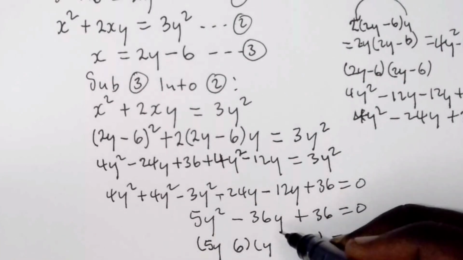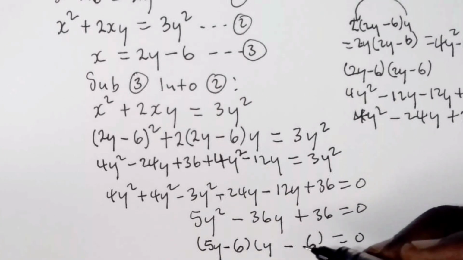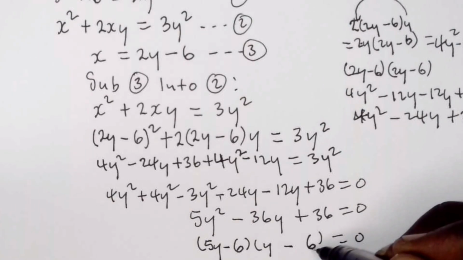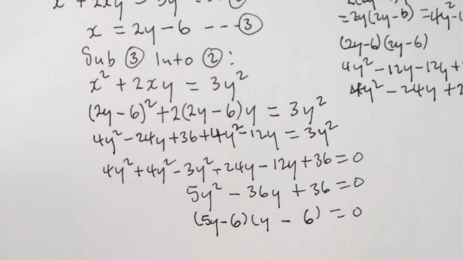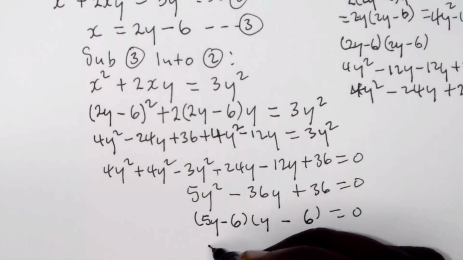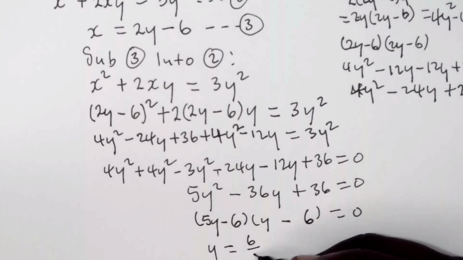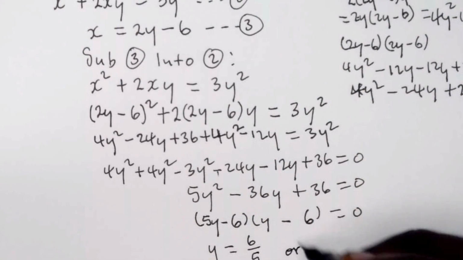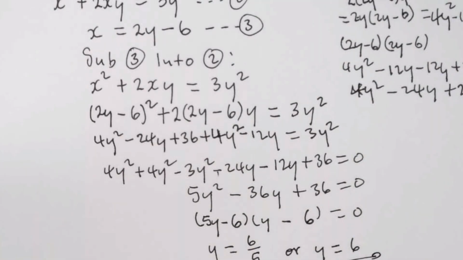For us to get positive here, we need negative times negative. So when we say 5 times negative 6 is negative 30 plus negative 6 is going to be negative 36. So in other words here, your y is going to be equal to 6 over 5. Or here is going to be positive 6.